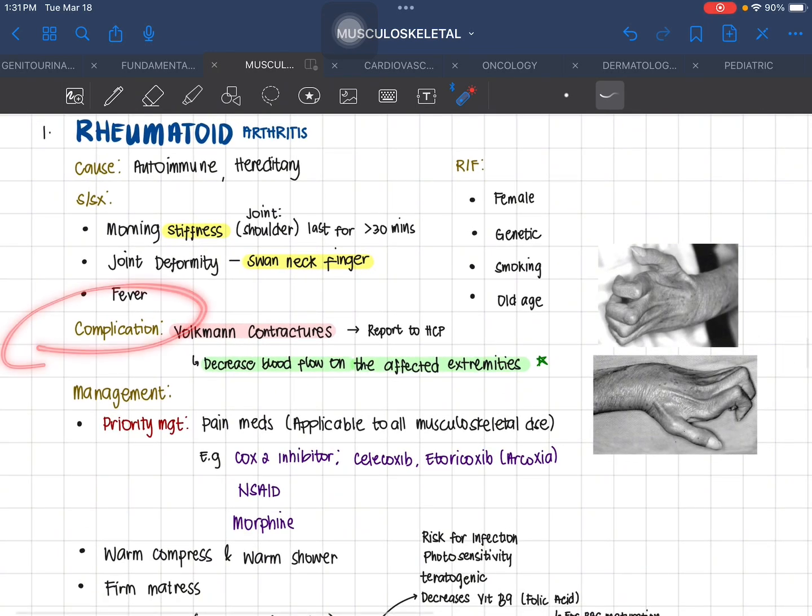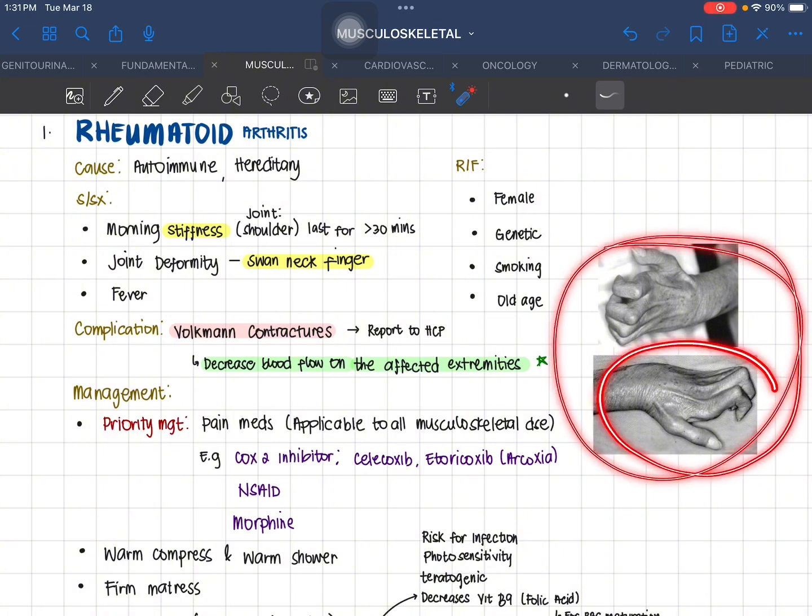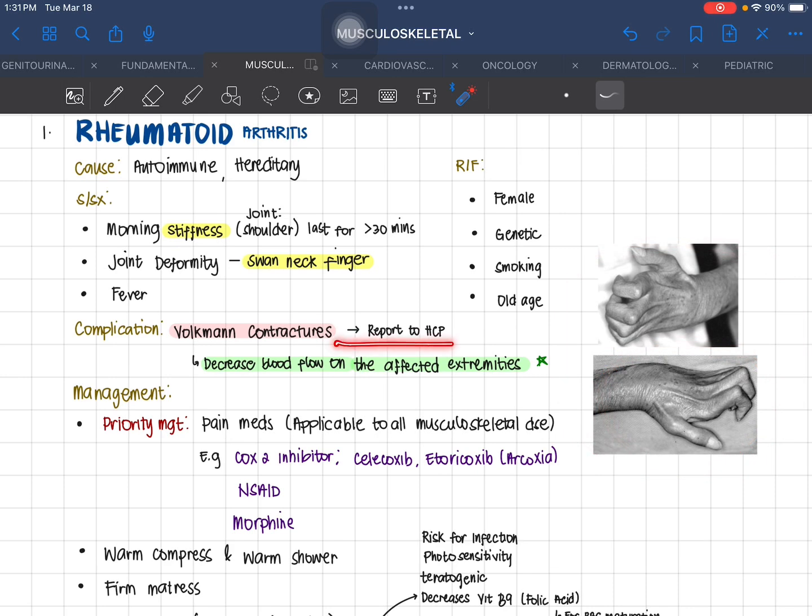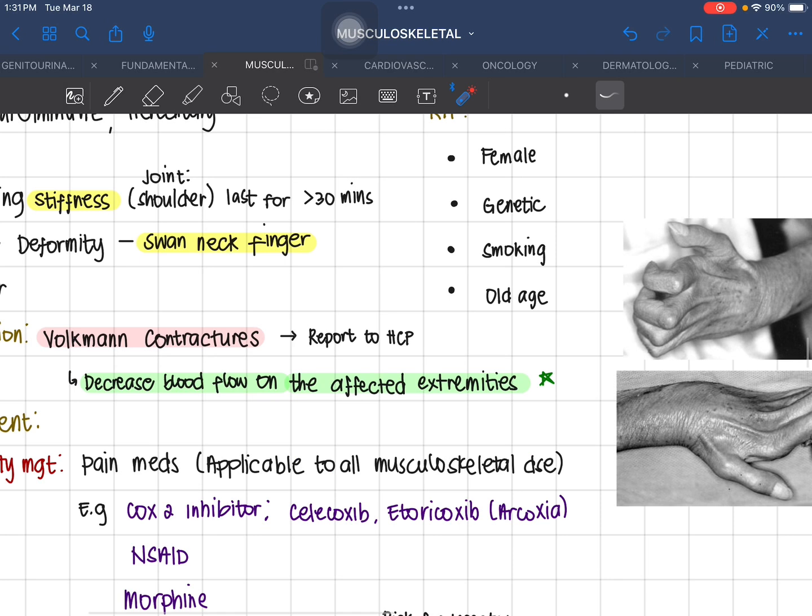Ano ang complication ng rheumatoid arthritis? Meron tayong tinatawag na Volkmann contractures. Kapag nakita mo na yan, report mo na agad kay HCP o kay healthcare provider. Volkmann contractures is due to decreased blood flow sa affected extremities.